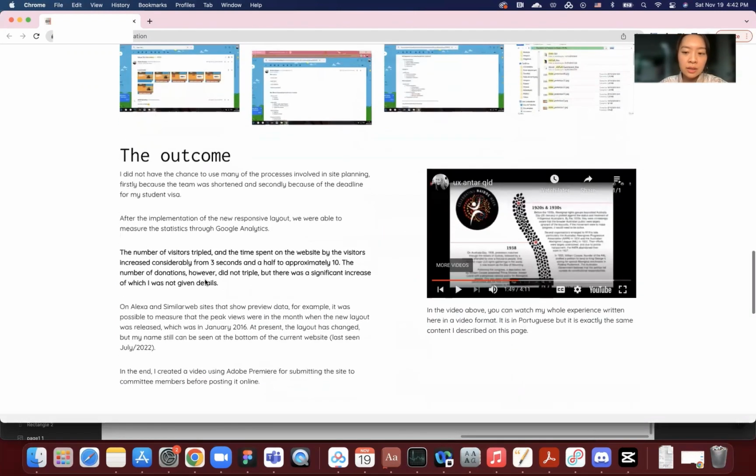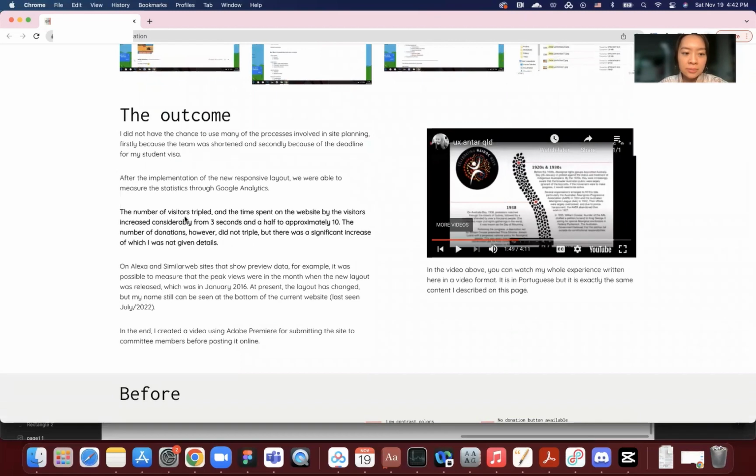Right. Yeah. And the outcome. Yeah, I think the outcome looked very positive, which is great. And I think you're being really honest, because you mentioned there was a significant increase, of which I was not given details. I would recommend that you talk about the outcome that you know exactly what it is. So for outcomes that you're not sure what exactly it is, I would recommend to just drop it.